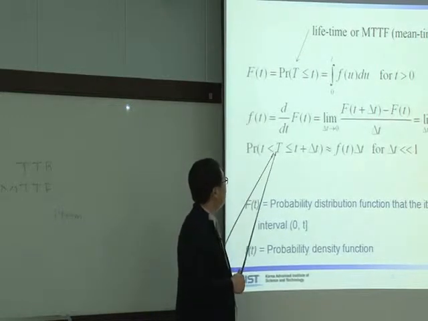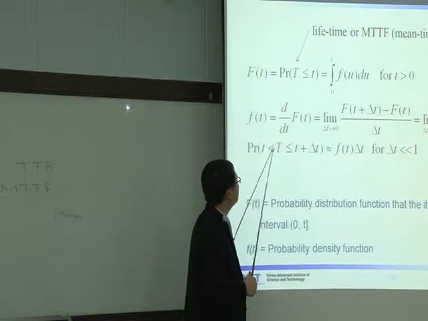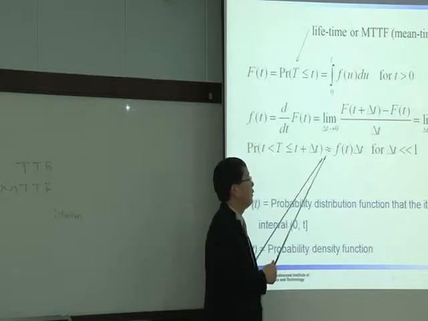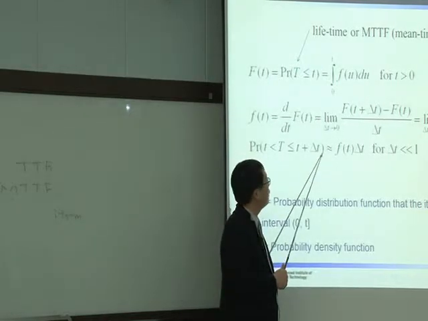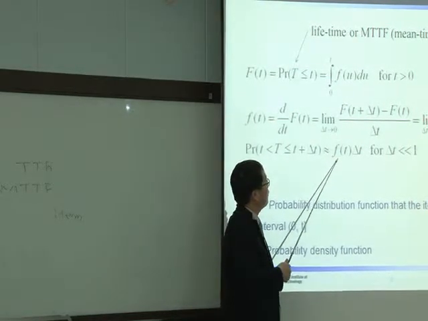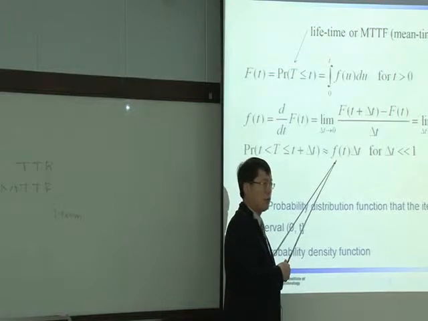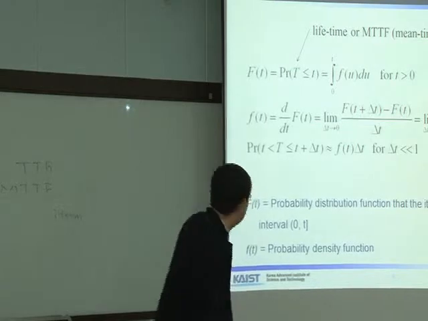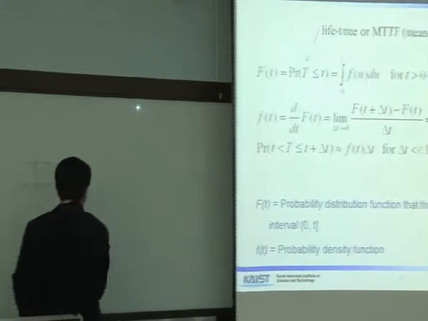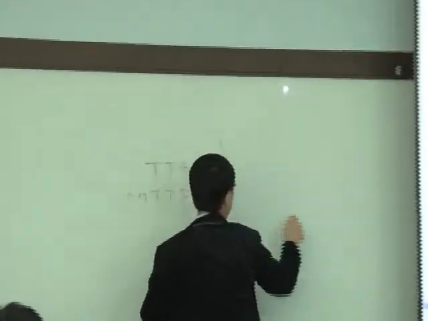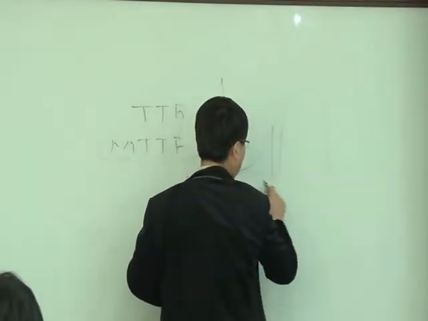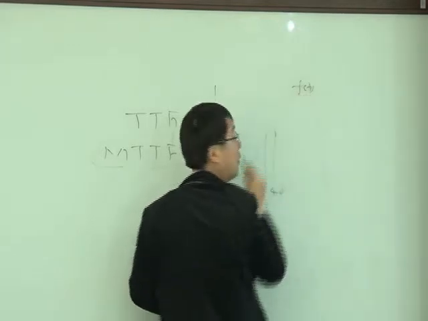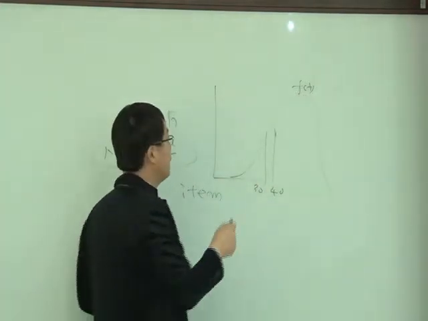The probability that large T is greater than t and smaller than t plus delta t is approximately f(t) times delta t. You may remember this: 30, 40. This is f(t), the probability density function.